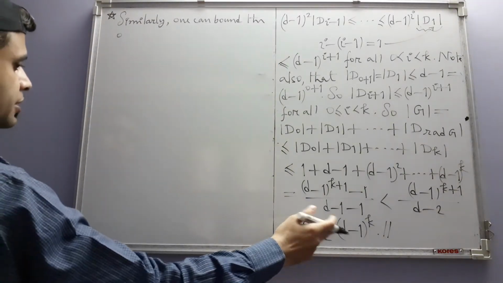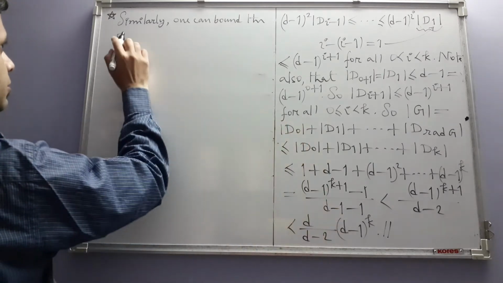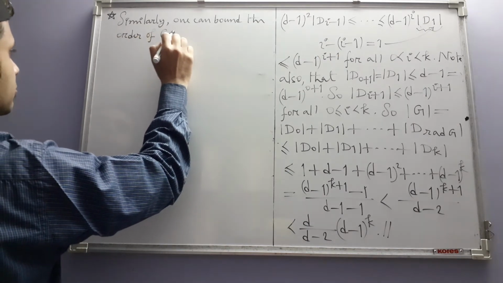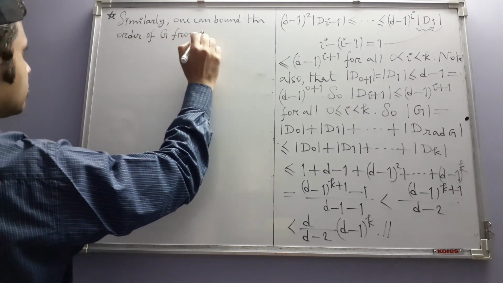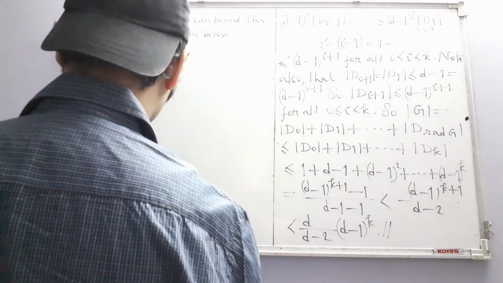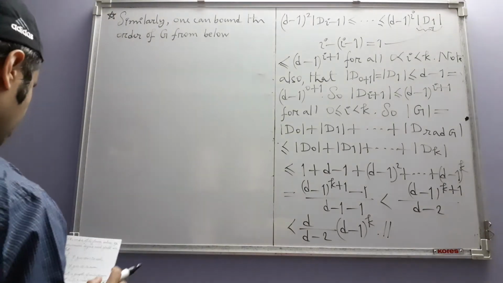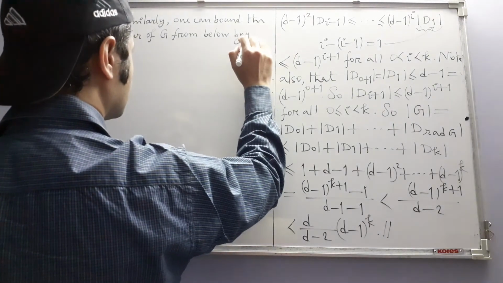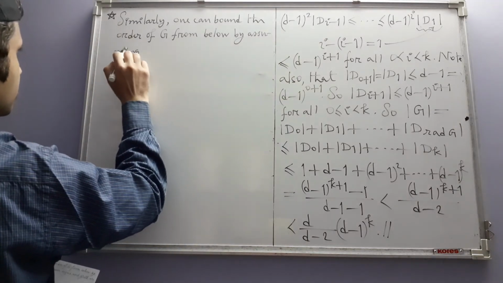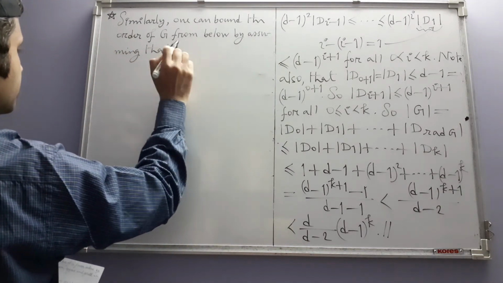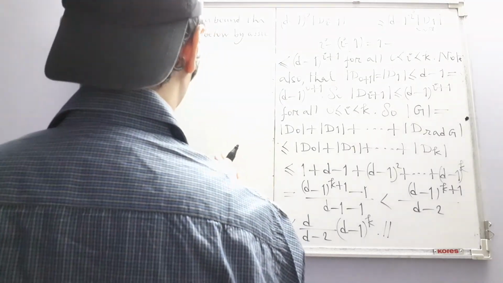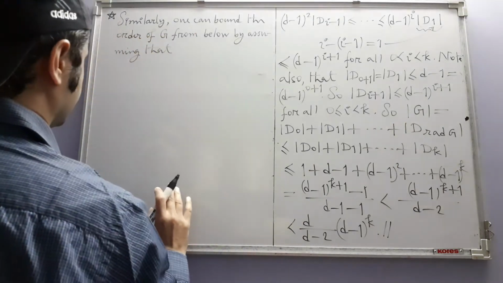Okay, this is an upper bound for the order of G. We can find a lower bound also from below by assuming that both its minimum degree and girth are large.